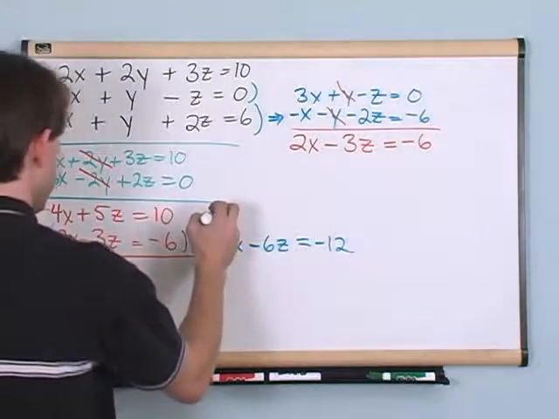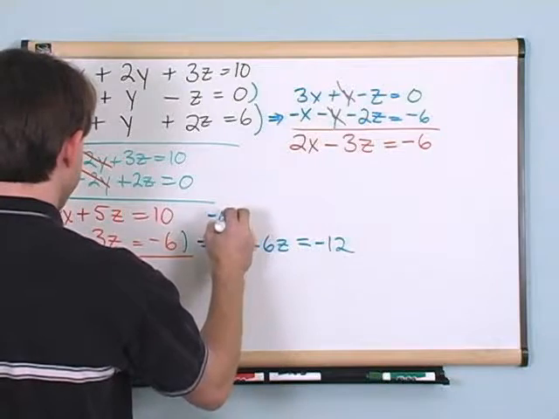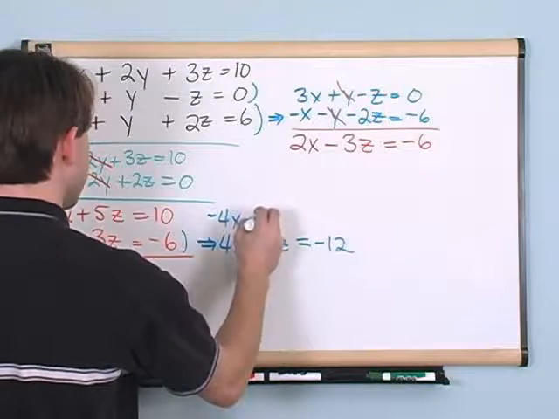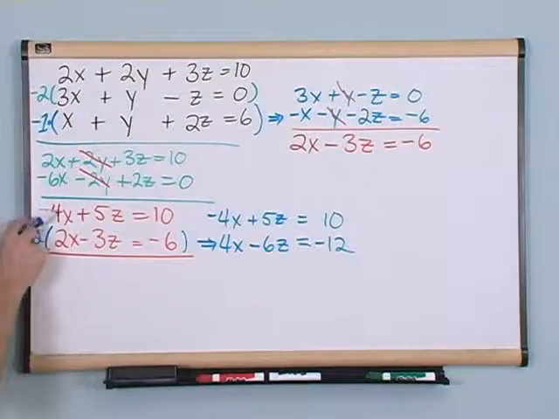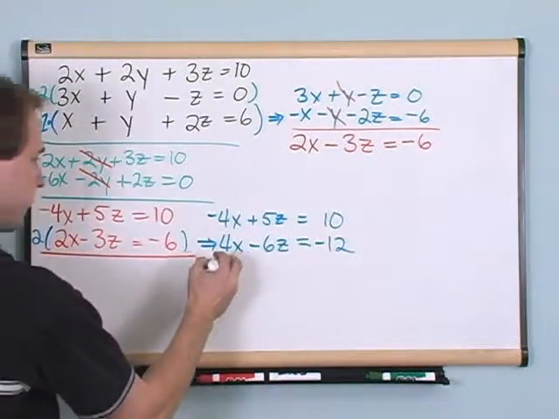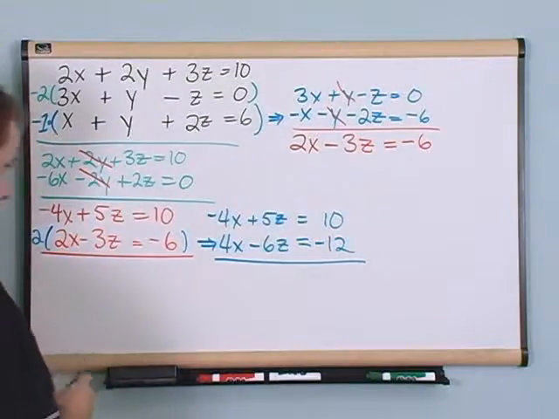Now let's rewrite this equation just to have it above here. -4x plus 5z equals 10. All I did was take this equation and rewrite it right above it so that I had it there.